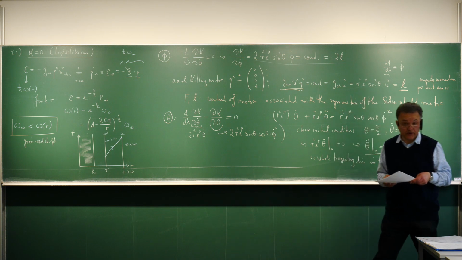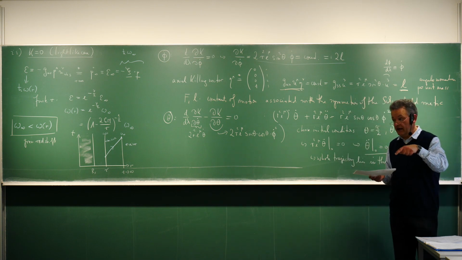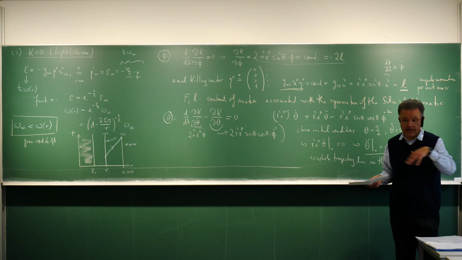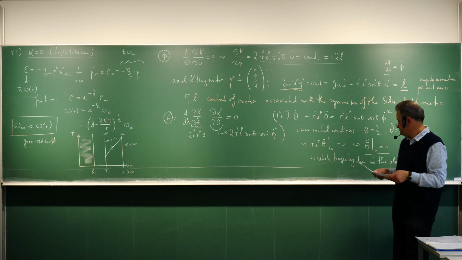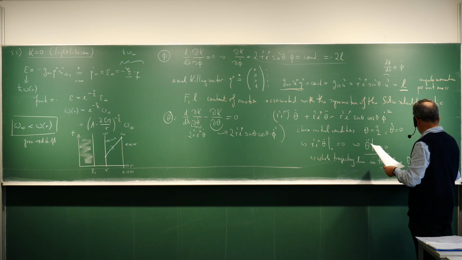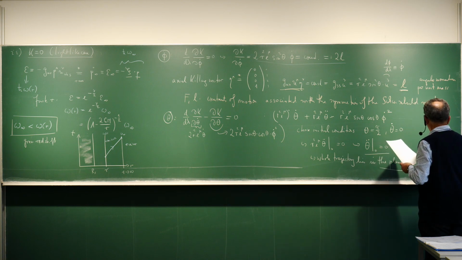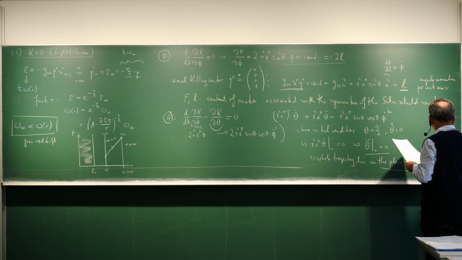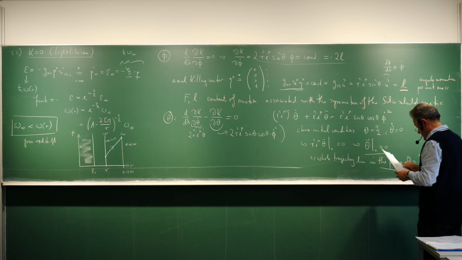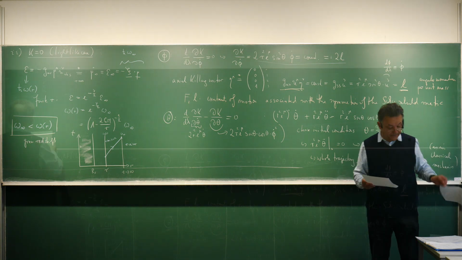Now you know from the Kepler problem that the motion of the planets is restricted to a plane around the sun. So as in classical mechanics, there's no change here.